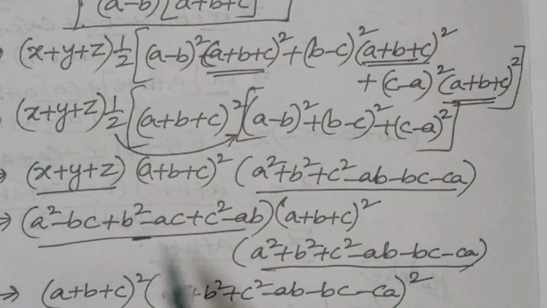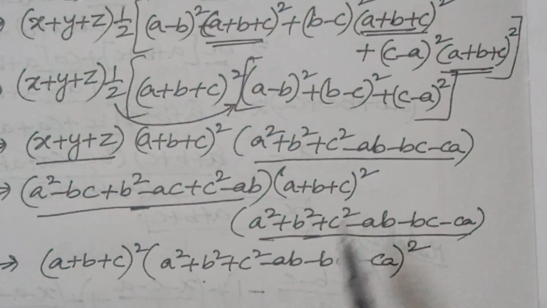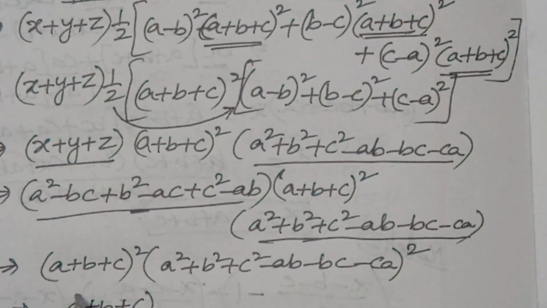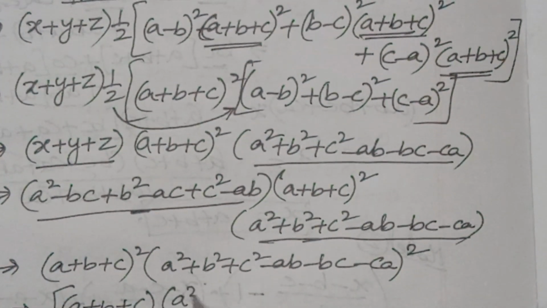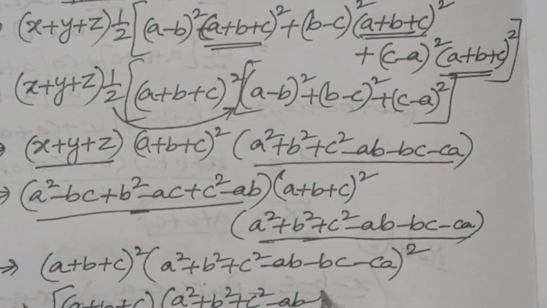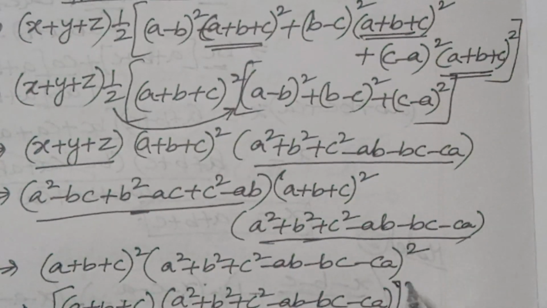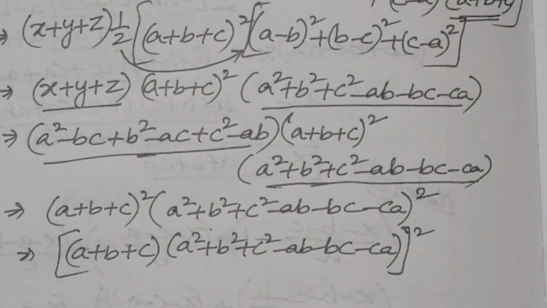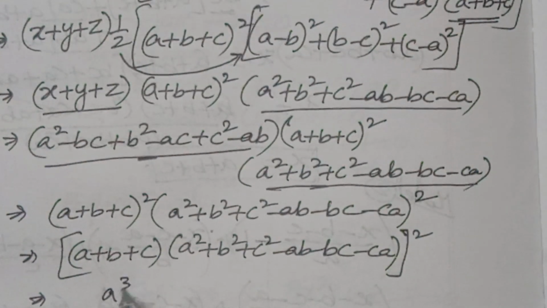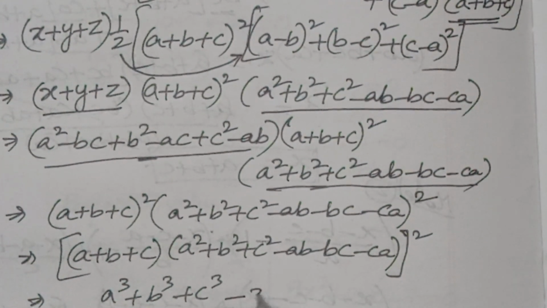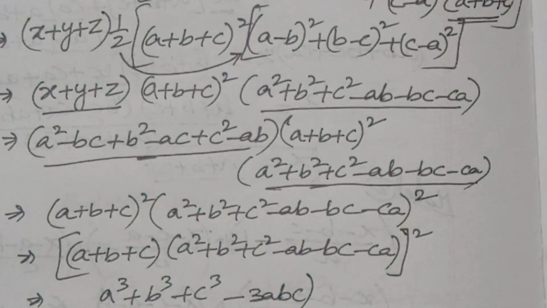Two times you are getting, one time and this is second time. So this can be written as a plus b plus c into a square plus b square plus c square minus ab minus bc minus ca, whole square. So this formula what you are getting is a cube plus b cube plus c cube minus 3abc whole square.